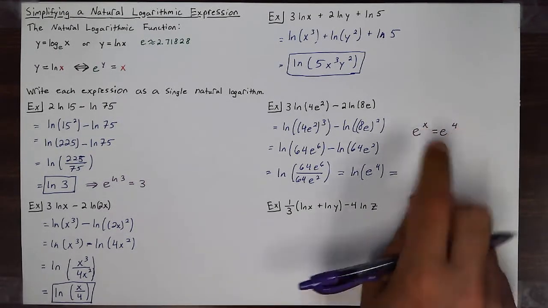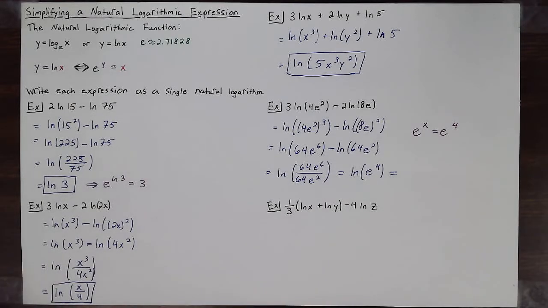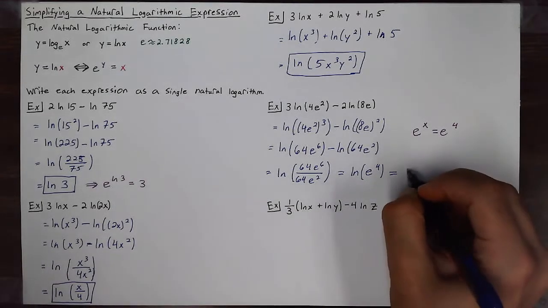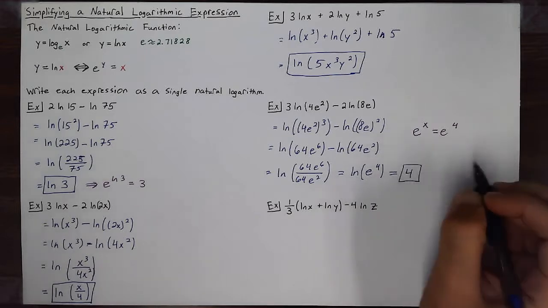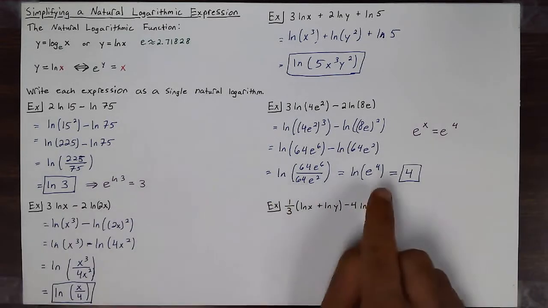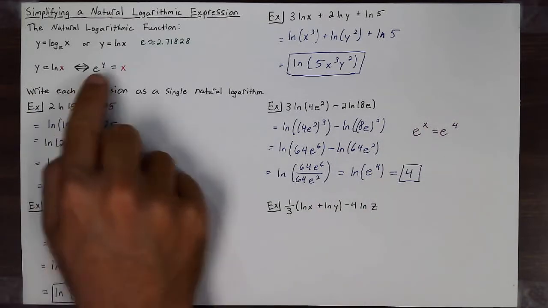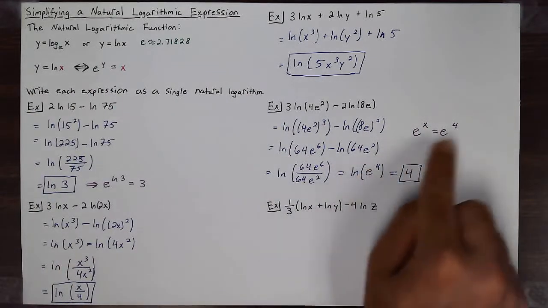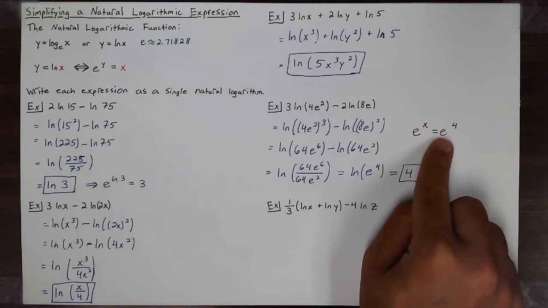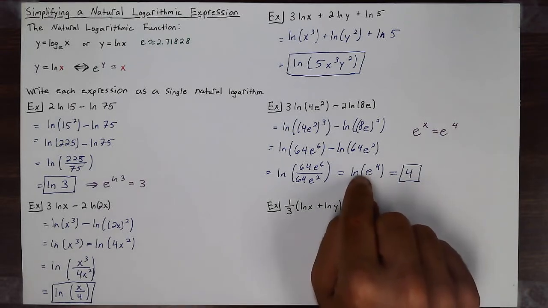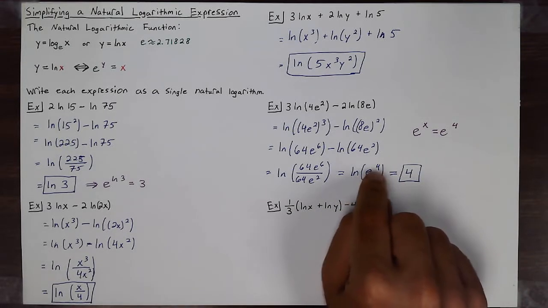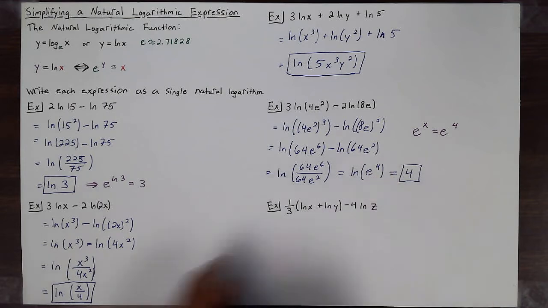Well, obviously, it's the 4th power. So we can rewrite this as just 4 for its simplification. Again, the natural log represents that exponent I raise e to, to get the inside number, e to the 4th. So the number you would raise e to, to get e to the 4th is obviously 4.